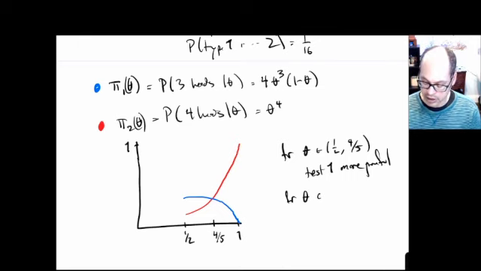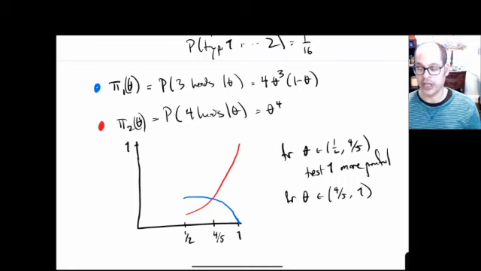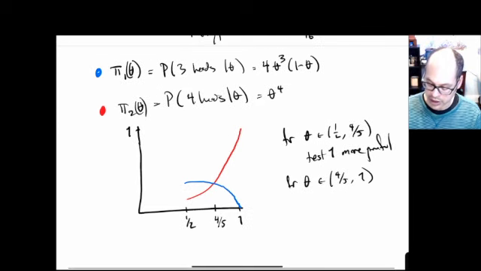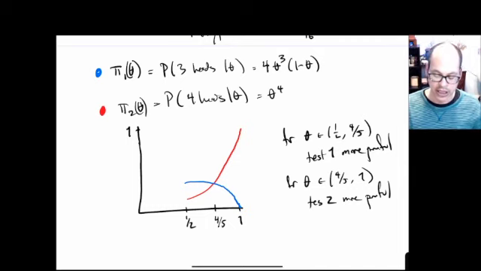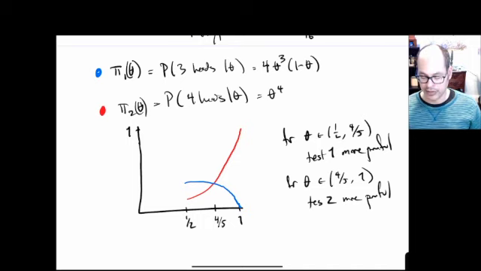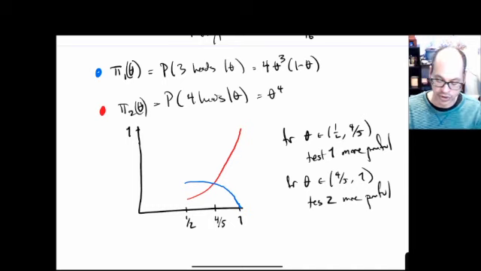And for theta in the very unfair range, you typically get 4 heads instead of 3 heads. If it's very unfair and tends to give a lot of heads, test 2 will be more powerful. The red stuff is above, and the chance of detecting it under test number 1 falls precipitously, because it's very hard to get 4 heads if your coin is not super unfair.